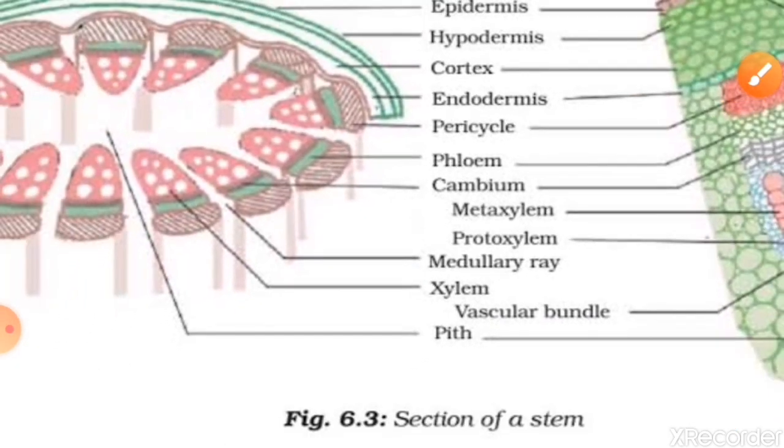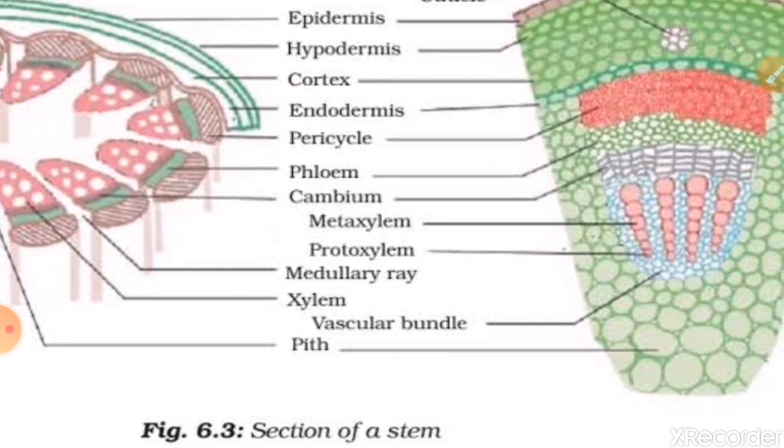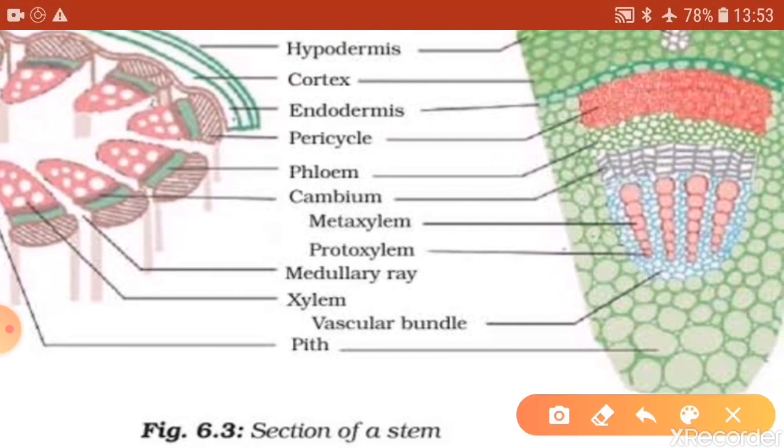So where vascular bundles are present, just above the vascular bundle, that is below the endodermis, there is a ring or multi-layered region present. This region that you see is called pericycle, and this pericycle is made up of alternate bundles of sclerenchyma and parenchyma.